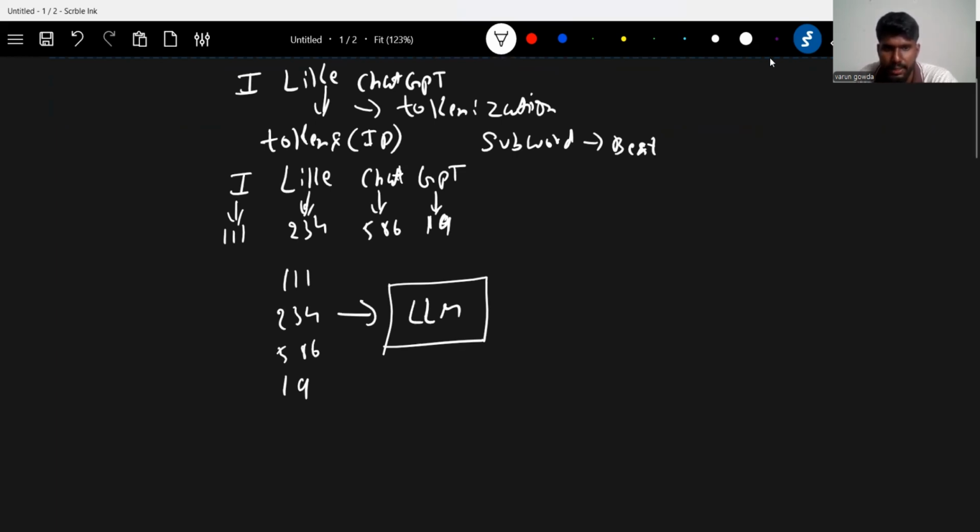Can we directly give these numbers to the LLM model? We can't.